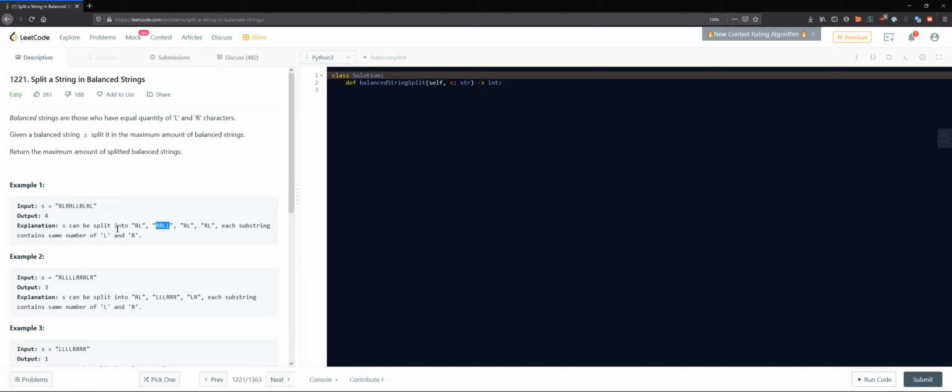This can be split into RL, RRLL, RLRL. Each substring contains the same number of L and R. Okay, oh, I see. I was thinking about combinatorics in this case, but they really don't want you to reorder any of those characters.